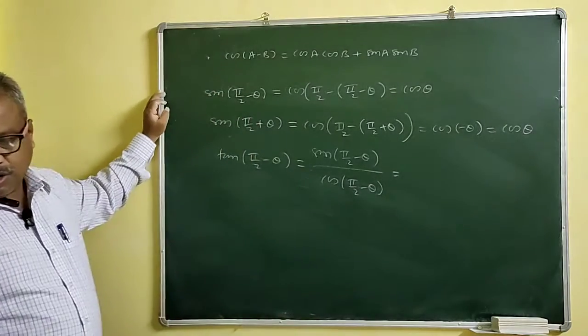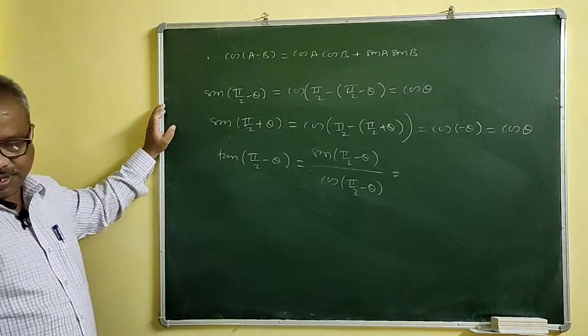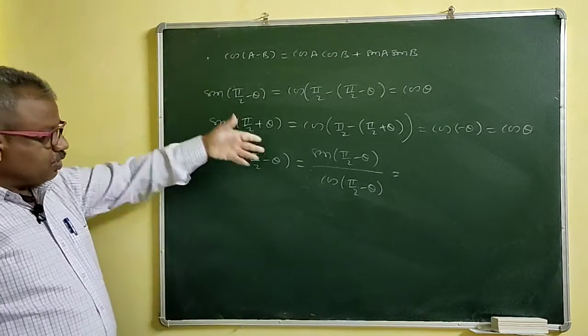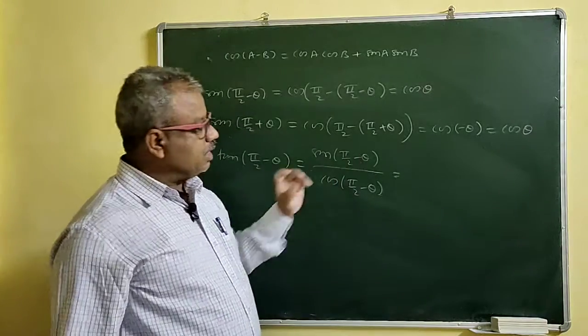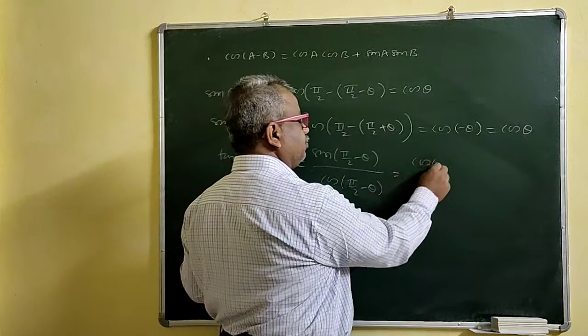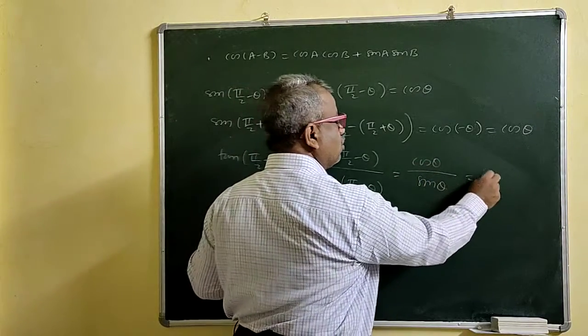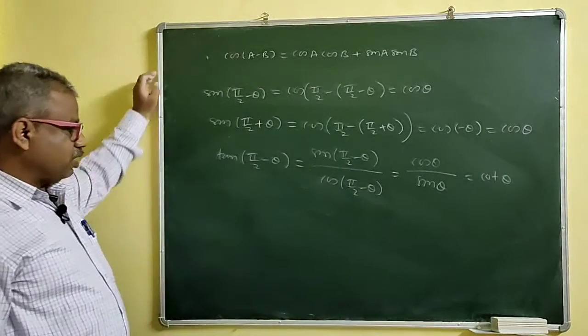We are also interested in finding the formula for tan(A plus B) and tan(A minus B), but with the help of this one you can find it easily. So what is sin(pi/2 minus theta)? It is cos theta. What is cos(pi/2 minus theta)? It is sin theta. So this is cot theta.